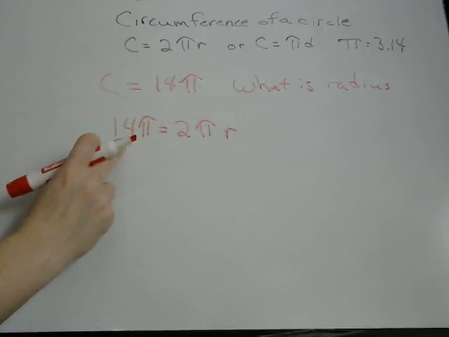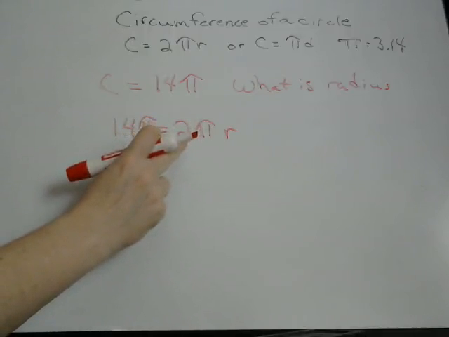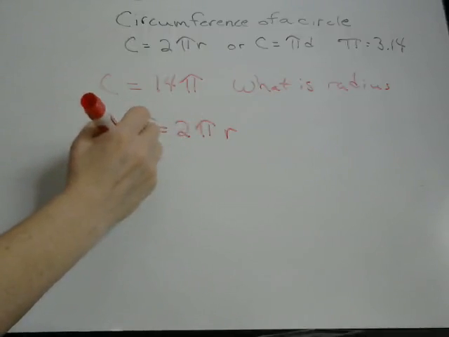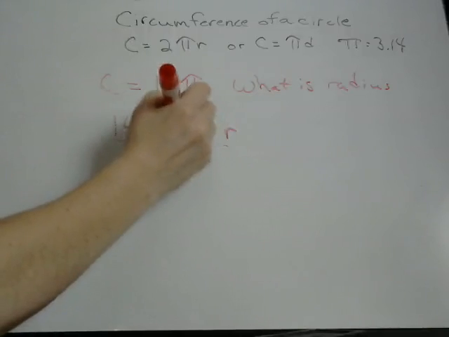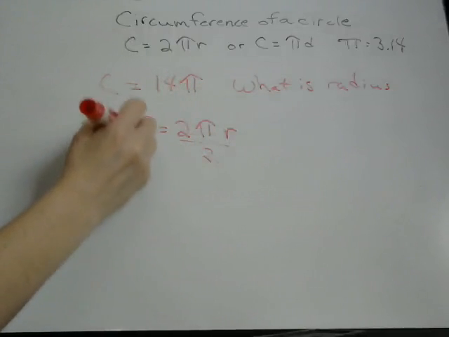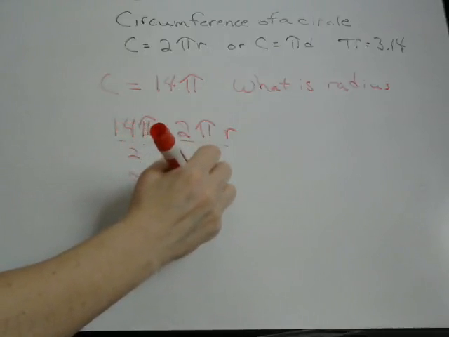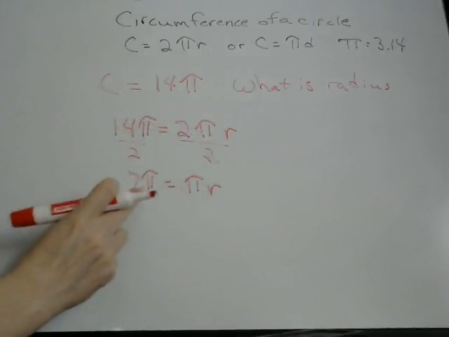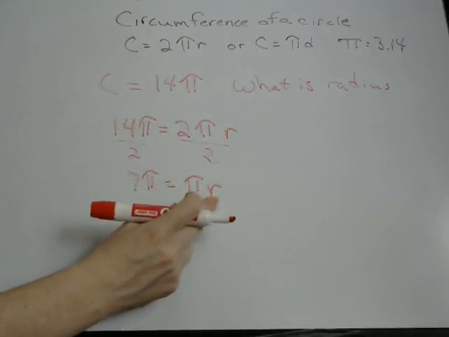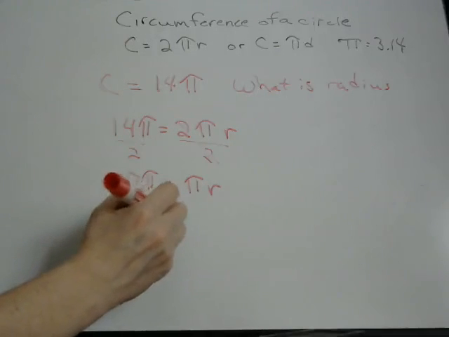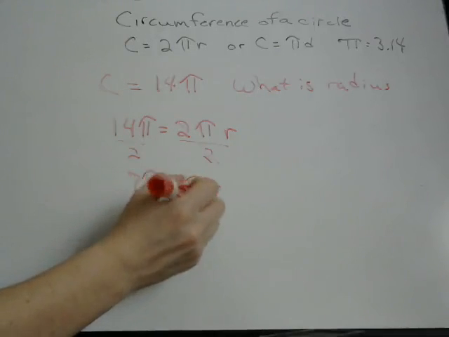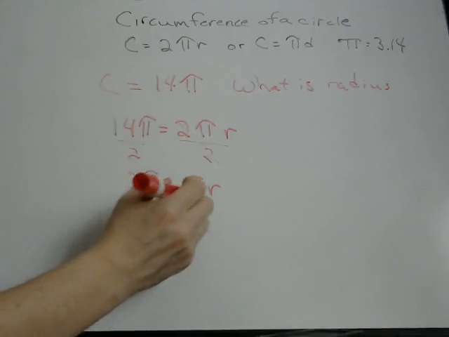But if you want to do it algebraically, you can get rid of the 2 by dividing by 2. These cancel out. And you have 14 divided by 2. So now we have 7 pi equals pi times radius. So 7 times pi equals pi times what? Well, it has to be 7. So you can hopefully see that intuitively.